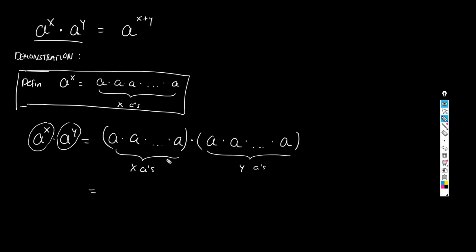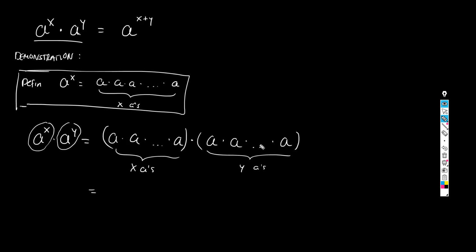I ask myself this question. We have an equation here, right? I look at the right side of this equation, which is all of this stuff. And I ask myself the following question. How many a's do I have in total?